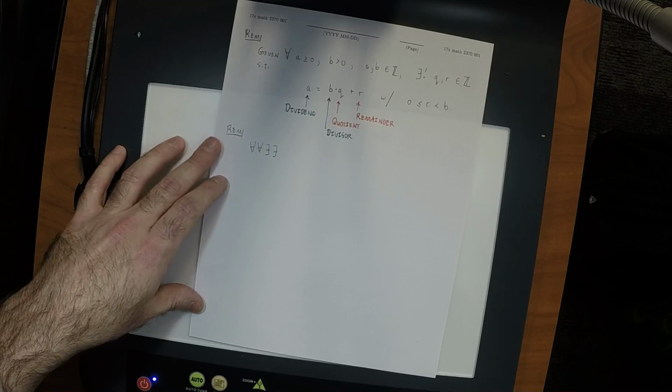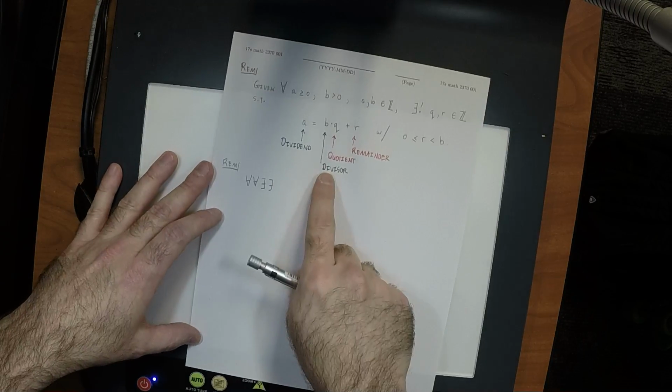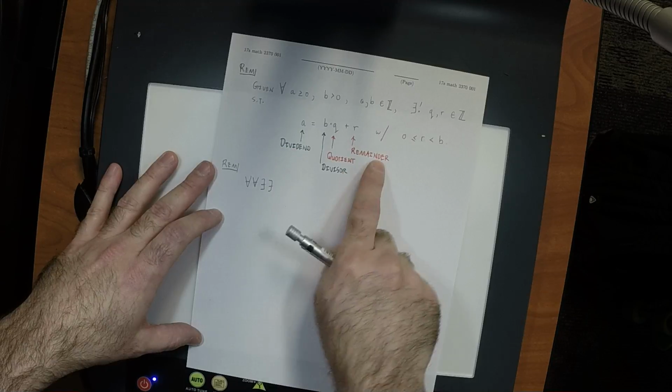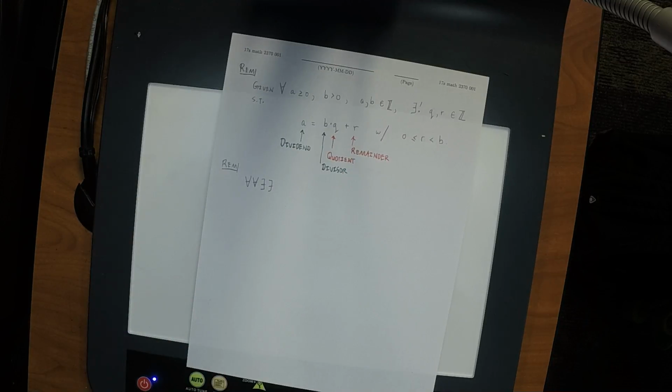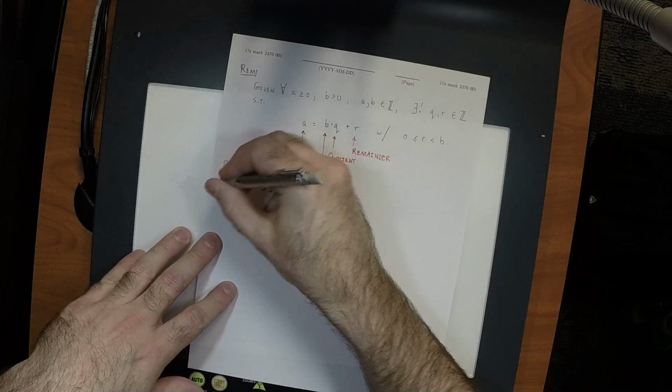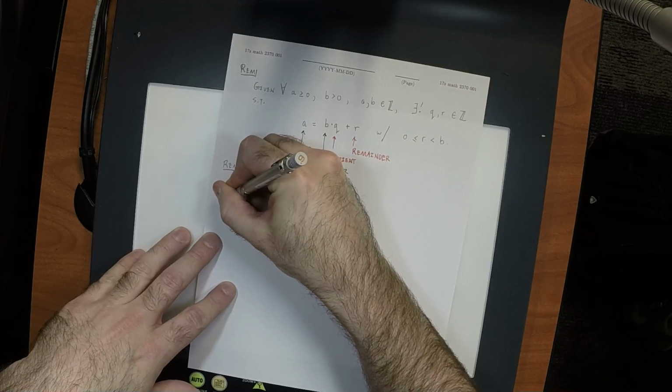Okay. So now this language is very useful, dividend, divisor, quotient, and remainder. But now we're going to venture into a new area where the language is used twice in two different ways. So you have to watch this part carefully. So remark.